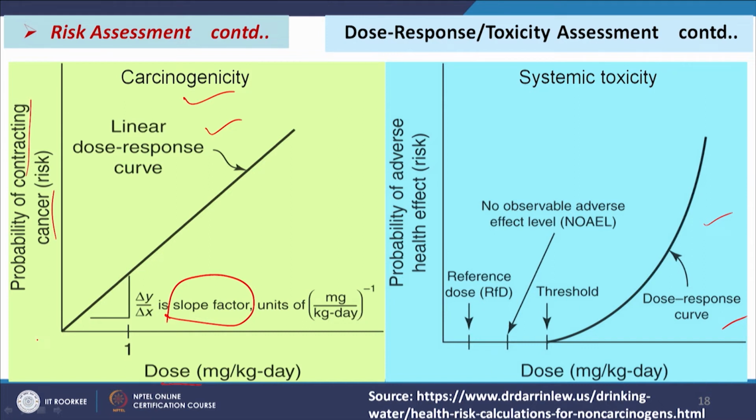So, in case of systemic toxicity where the risk is not carcinogenic in nature, the reference dose is considered as per EPA, and then one NOAEL is considered, the no observable adverse effect level dose. Up to this level, the probability of adverse health impact is very low, 0. So, at RFD it is normally 0.